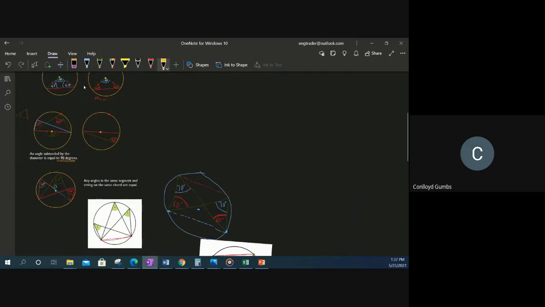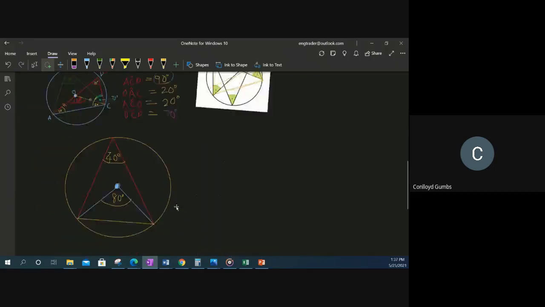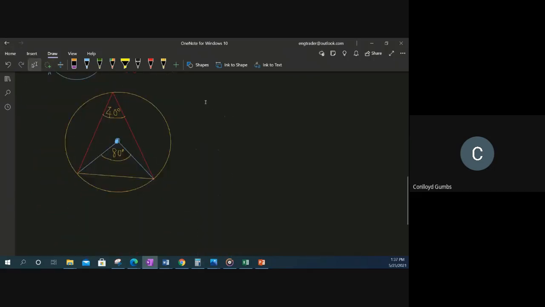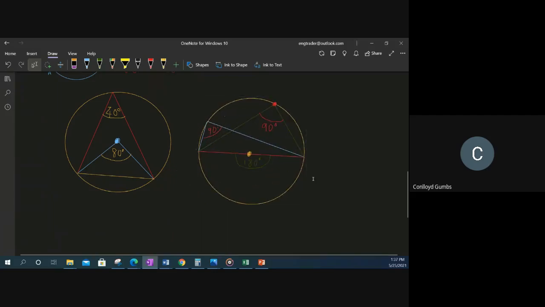If you look at it, the same triangle that we were looking at over here, it's saying it comes from this. We said that once it's sitting on a diameter, it's 90 degrees. If this is a straight line, this here could be 180. So this is half of that.